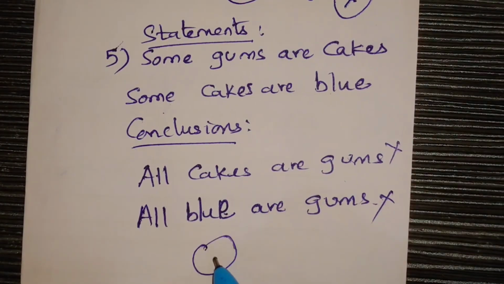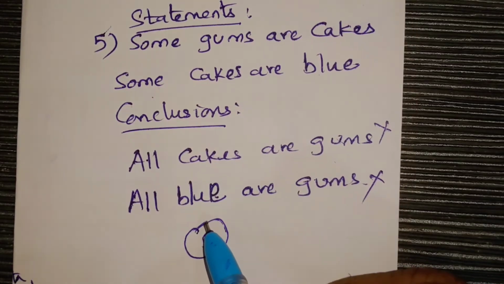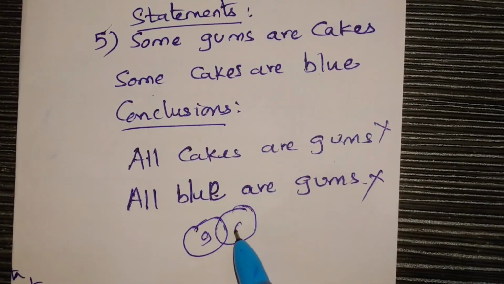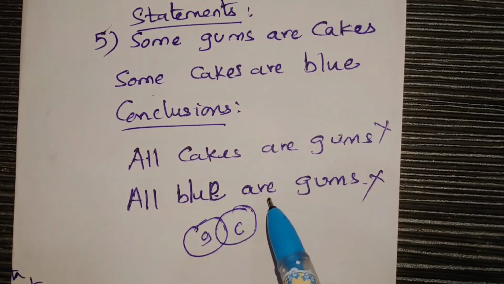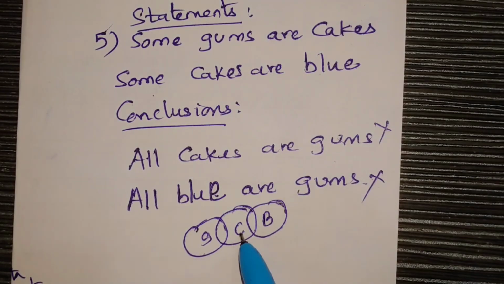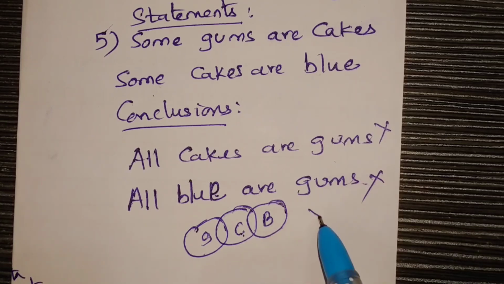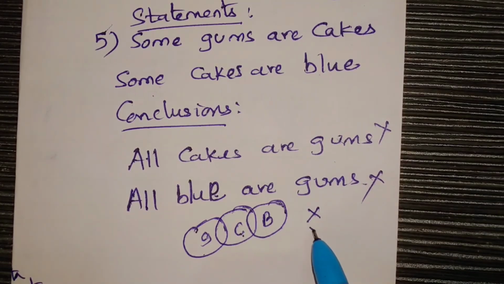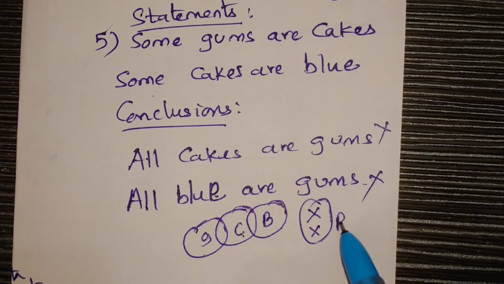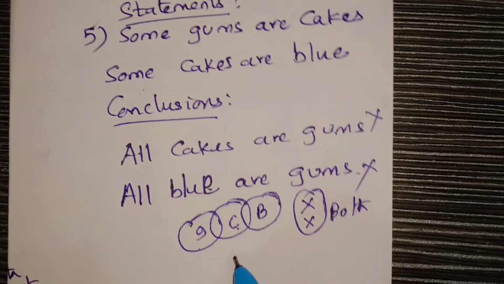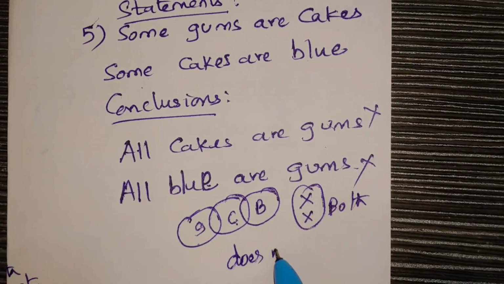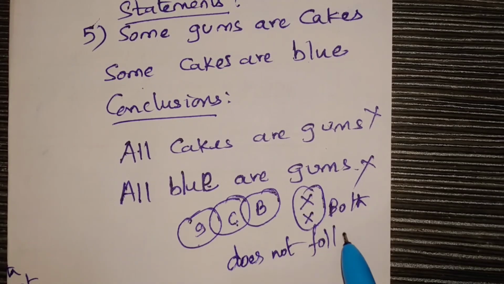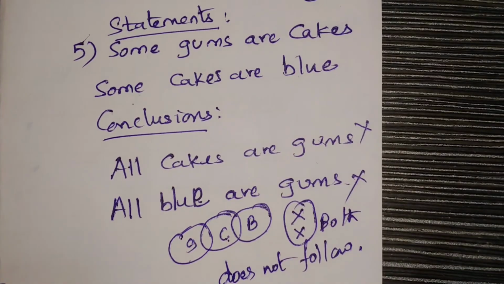Some gums are cakes, some cakes are blue. All cakes we never get, all blue we never get. So both do not follow. That is, neither one nor two follows.